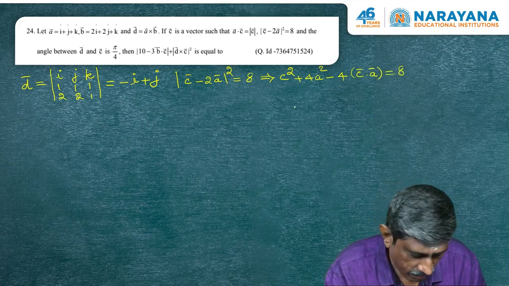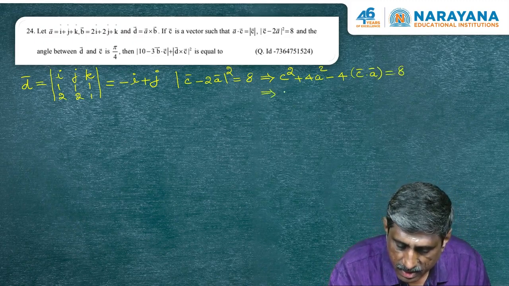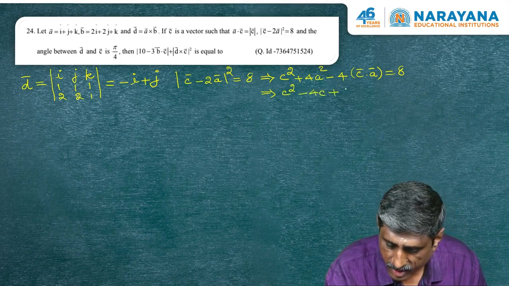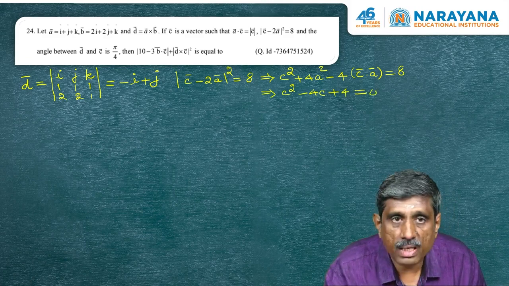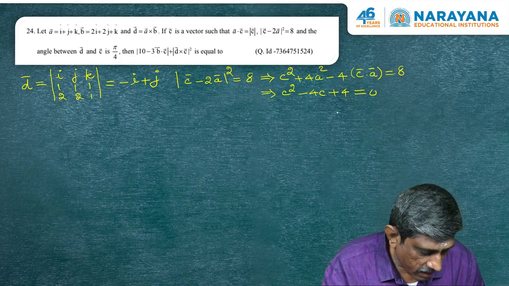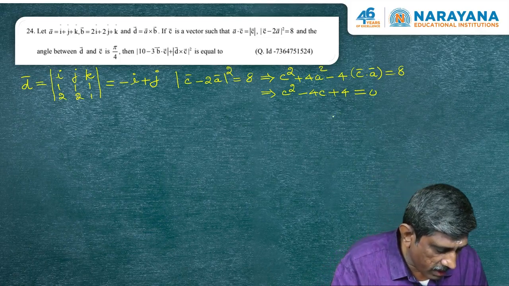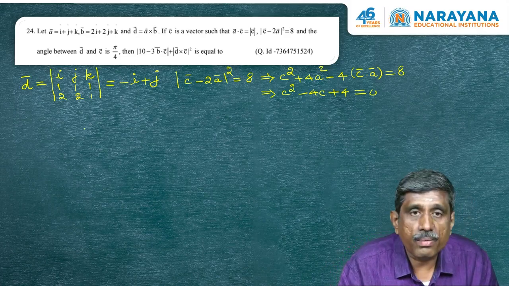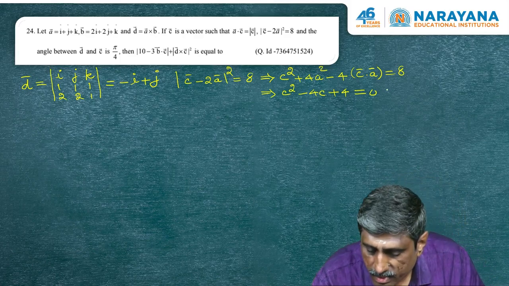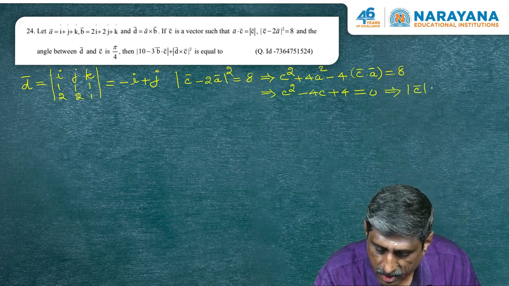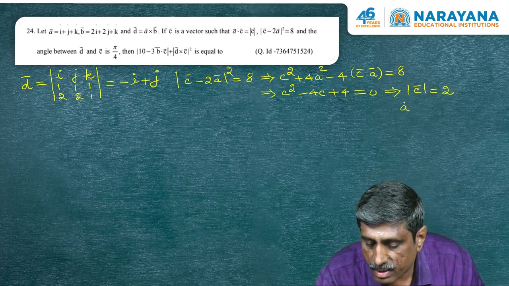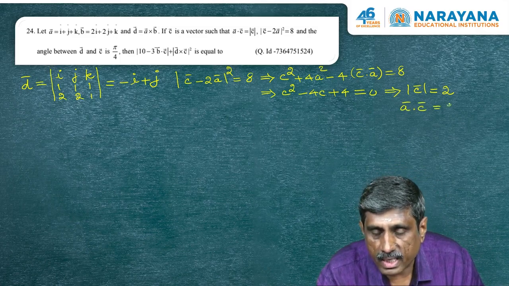So, from that we understand that C square minus 4C plus 4 is equal to 0, because already C dot A is given as mod C. From this we get modulus of C bar is equal to 2. Therefore, A dot C is equal to 2. We are getting it directly from this.